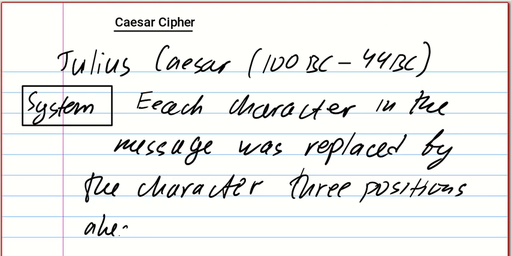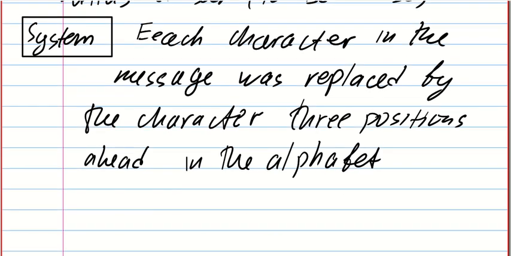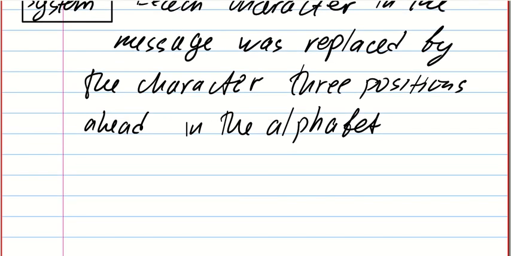That was his idea, and it's called the Caesar cipher. A lot of times the word cipher is used for the specific system.